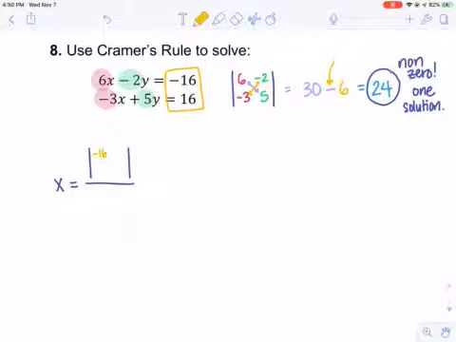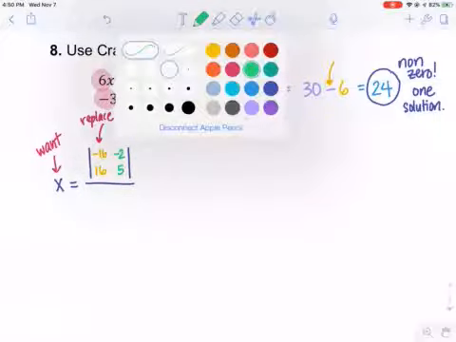And instead of -3, we'll write 16. And I know that might feel a little weird when you first do it, but since we're looking for the x, we'll replace our x terms with our constant terms. That's just how Cramer's rule works. So we just have to be familiar with it and comfortable doing it.